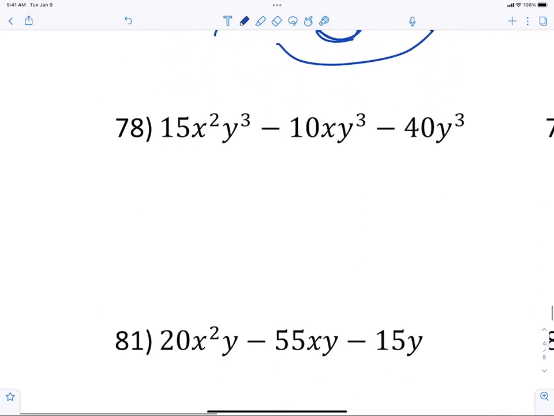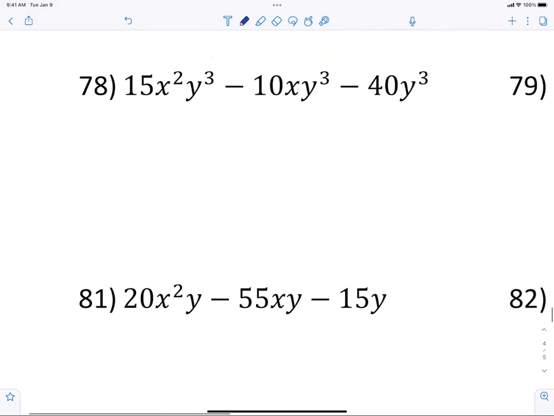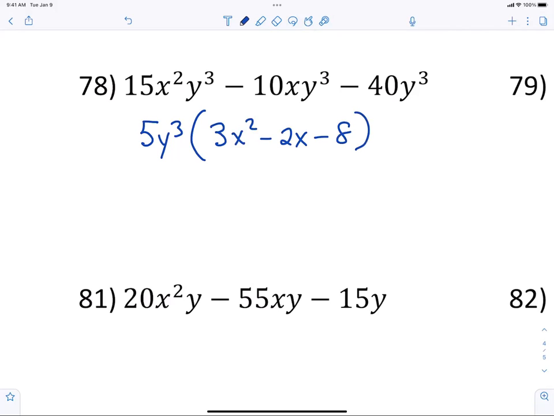All right, let's knock out 78. What's common? 5y cubed. I'm left with 3x squared minus 2x minus 8. Anybody have any issues with that?